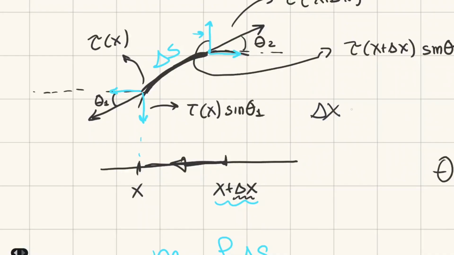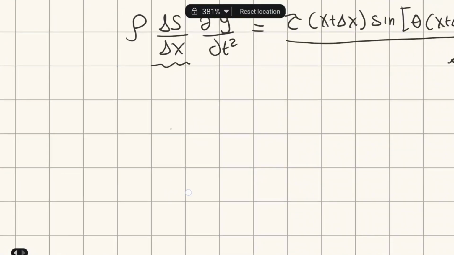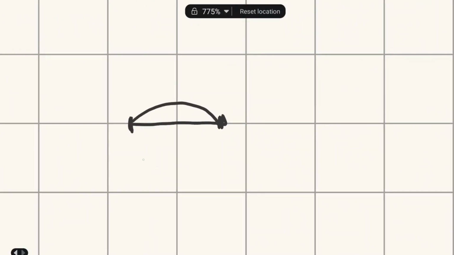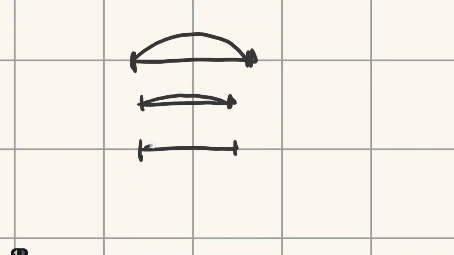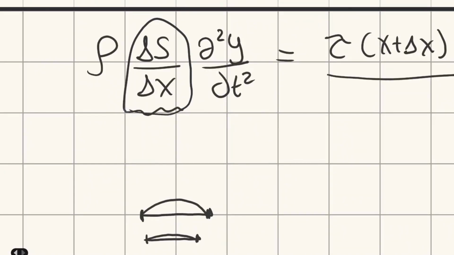So delta s divided by delta x is going to be equal to 1. It is like making this element smaller and smaller, so delta s approaches delta x. It's like making the displacement of the string as small as possible.